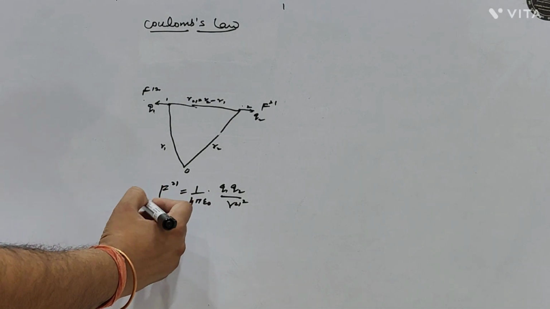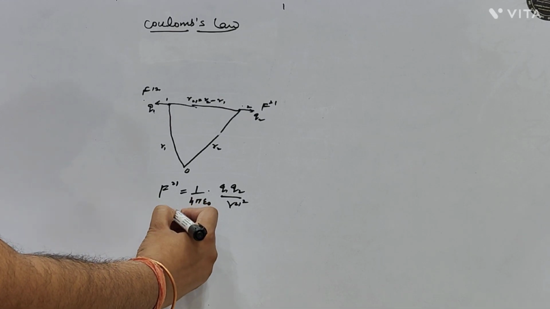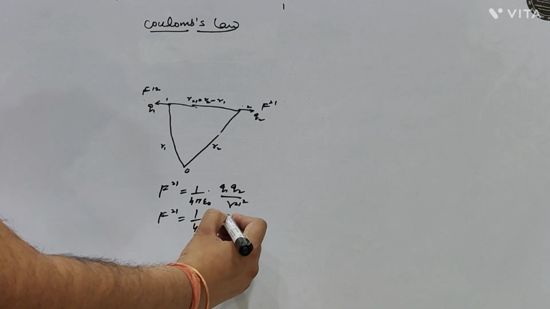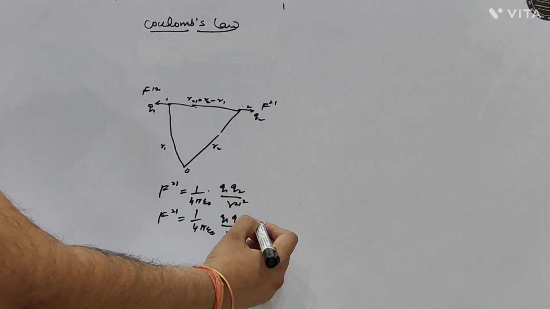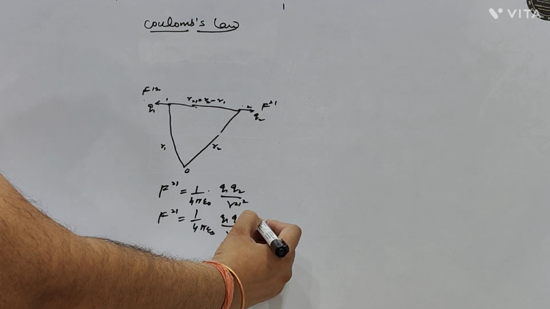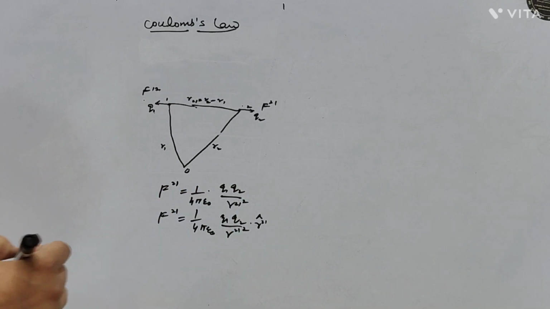Because force is a vector quantity, this can also be written with R21 as a unit vector, which denotes the direction.